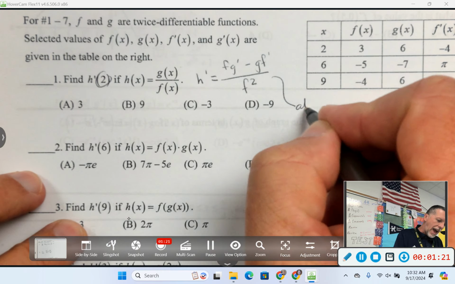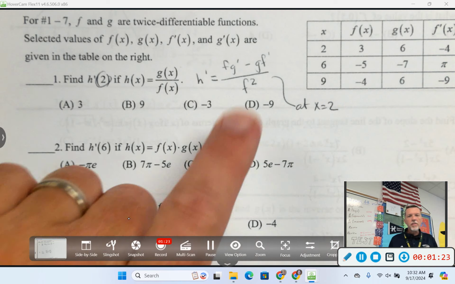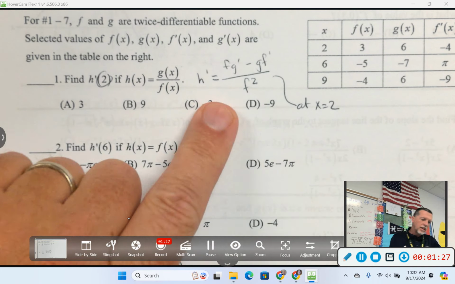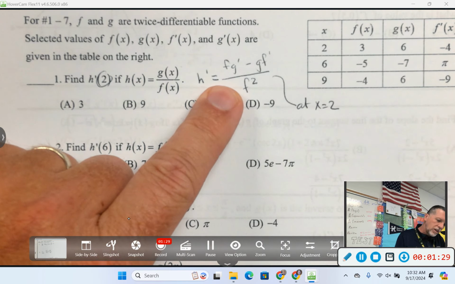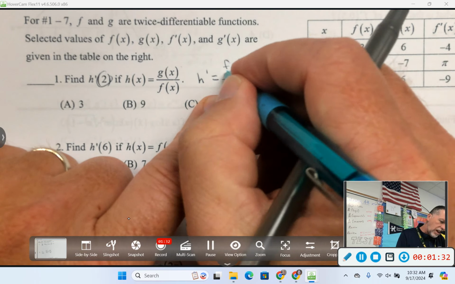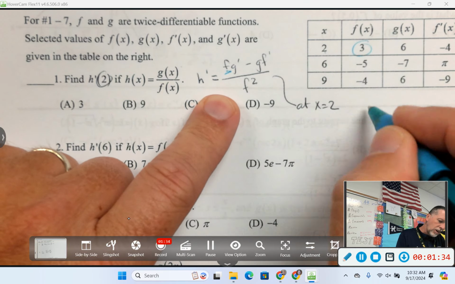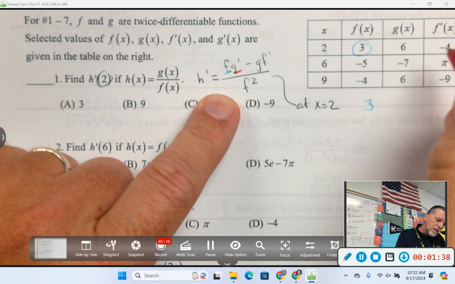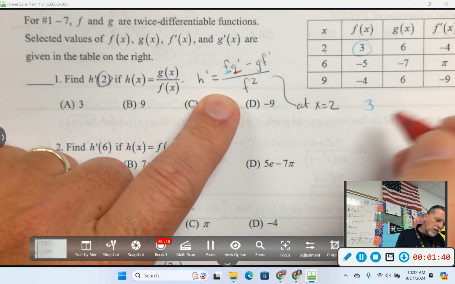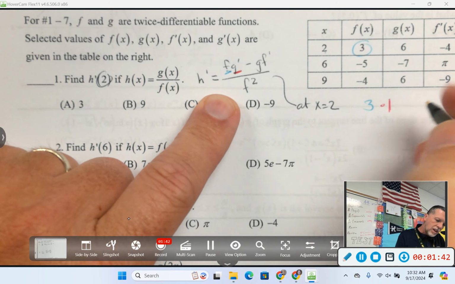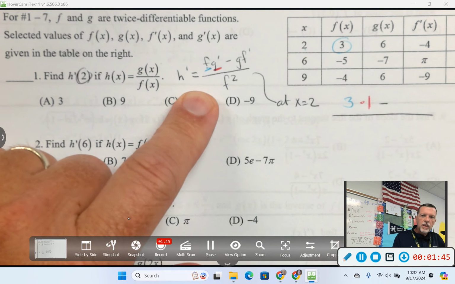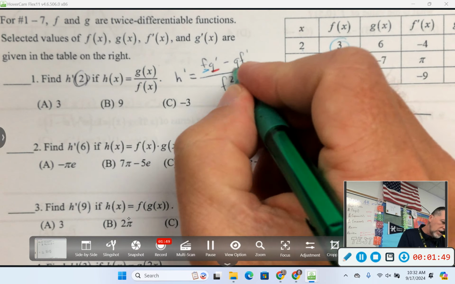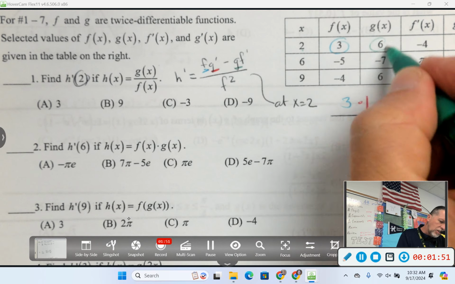All right, and then at x equals 2. So rather than write parentheses 2, well, that'd be 5 times there. I'm just going to look at f of 2. F at 2 is 3. G prime at 2 is 1. G of 2, G at 2 is 6.